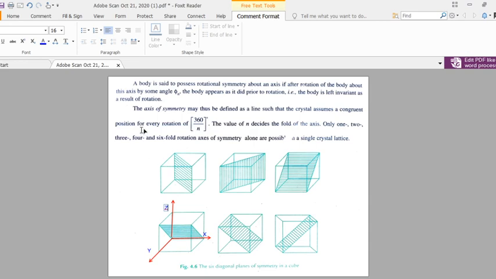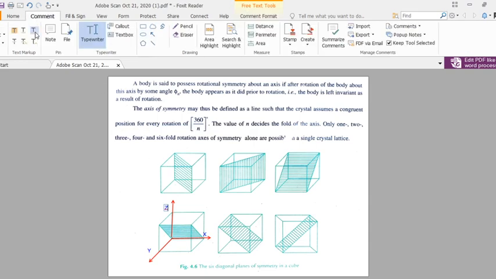The third symmetry we had discussed was rotational symmetry, which may be defined like this: 360 divided by n, where n is referred to as the fold. Please remember, n is referred to as the fold, and this fold gives you the rotation about one point or a center of the point of your crystalline system.